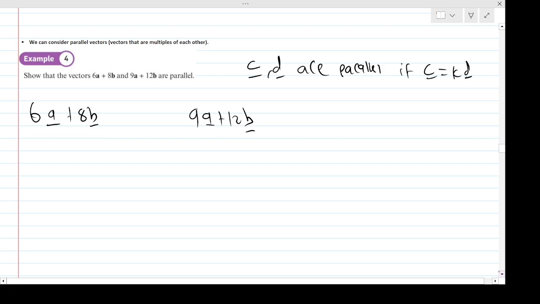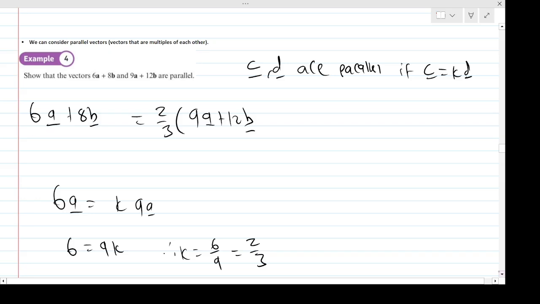Well, let's think about it then. 6a would have to be some multiple of 9a. So basically the components have to correspond. So let's consider the a part first. To get from 6a to 9a, 6 is going to equal 9k, almost like cancelling out the a's. That means 6 is going to be 9 lots of k. Therefore, k is going to be 6/9, which will simplify to 2/3. That tells me that this first vector is perhaps going to equal 2/3 of that vector.